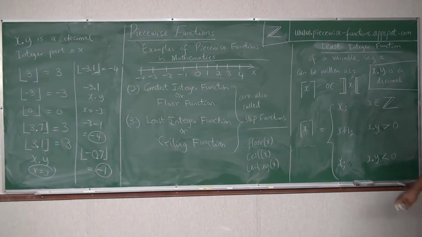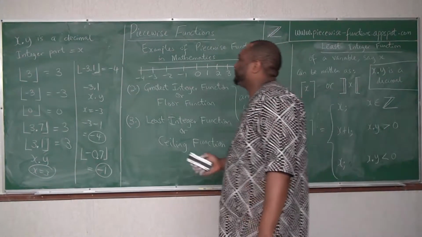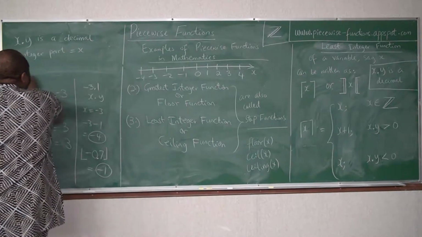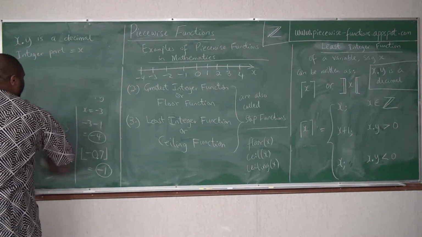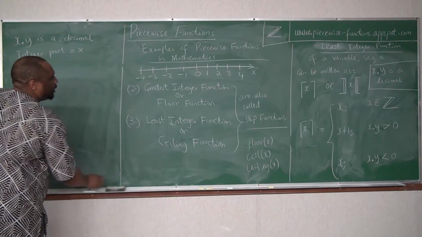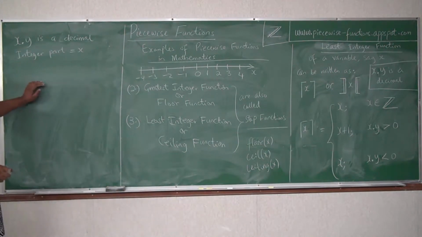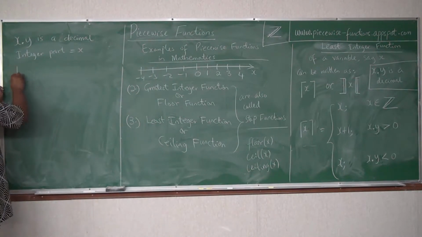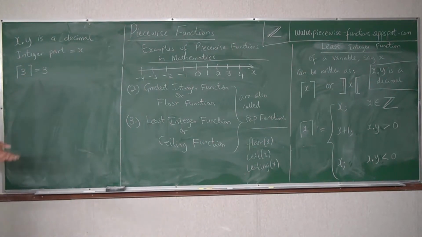Alright, let's test it. If we have the least integer of 3, it gives us 3. If we have the least integer of negative 3, ceiling, it gives us negative 3.